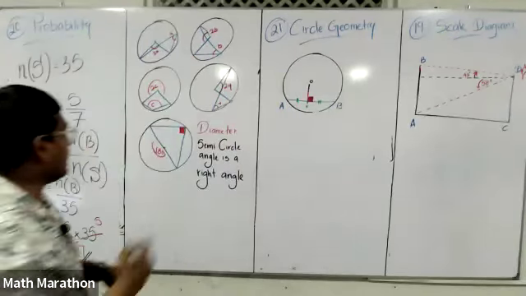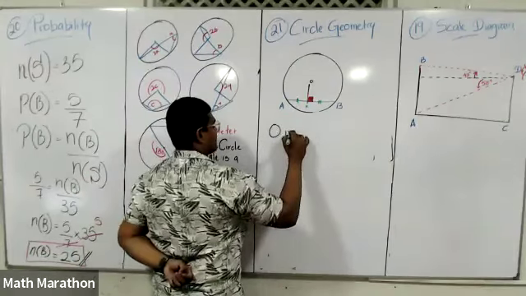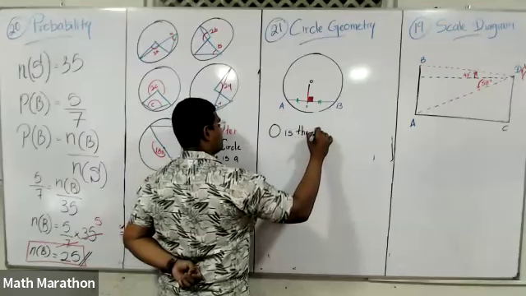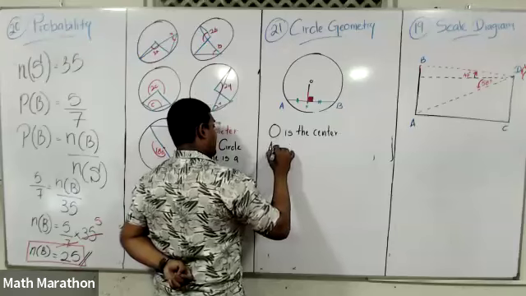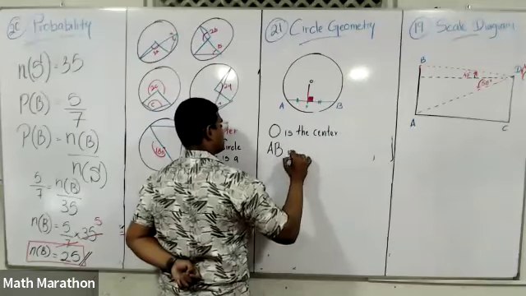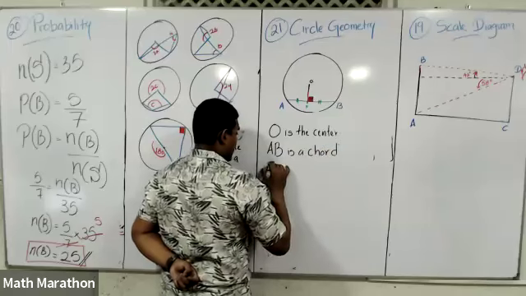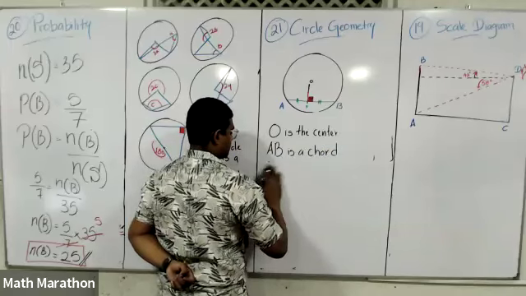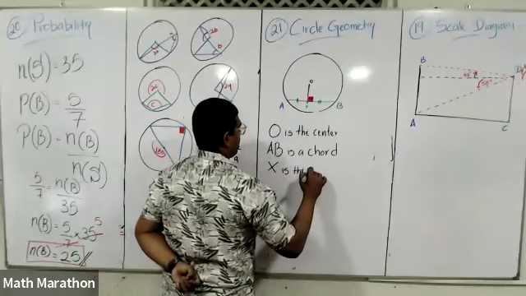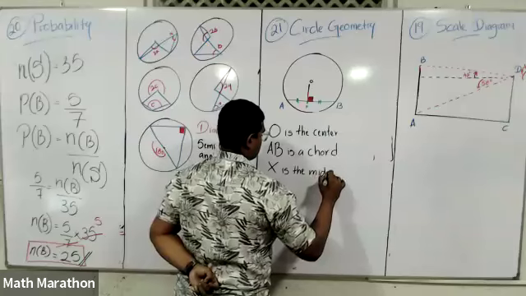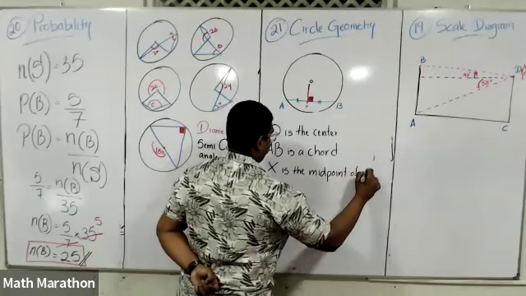So what is the theory? O is the center of the circle. AB is a chord. X is the midpoint of AB.